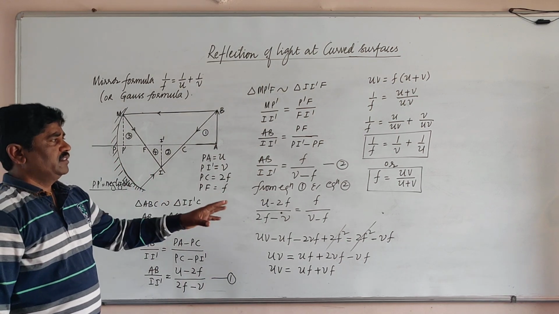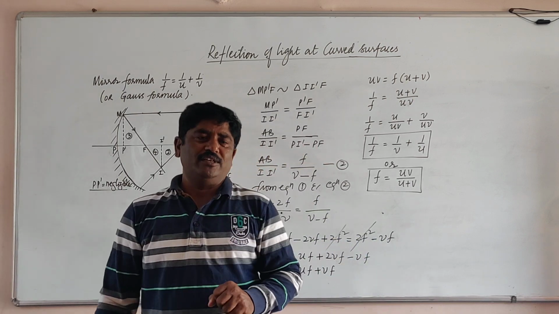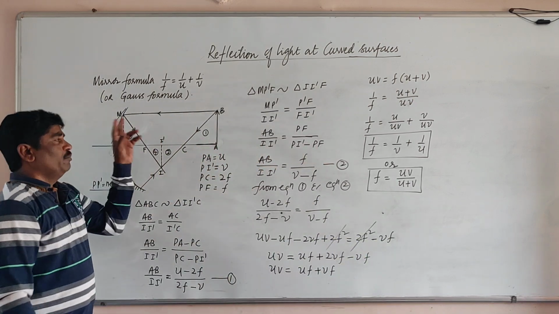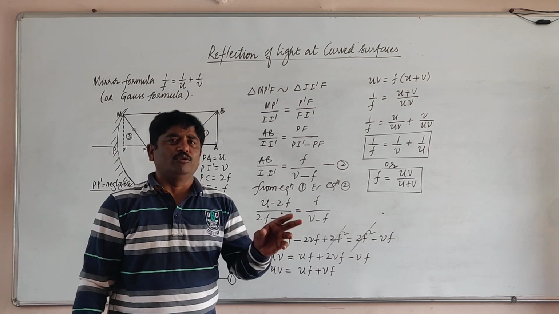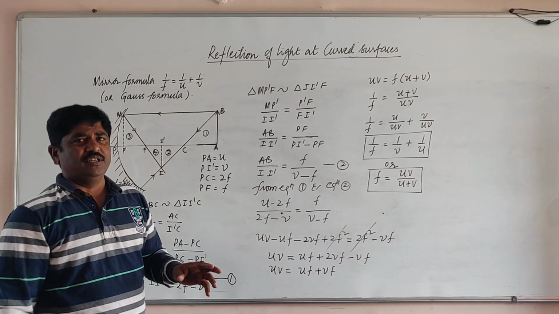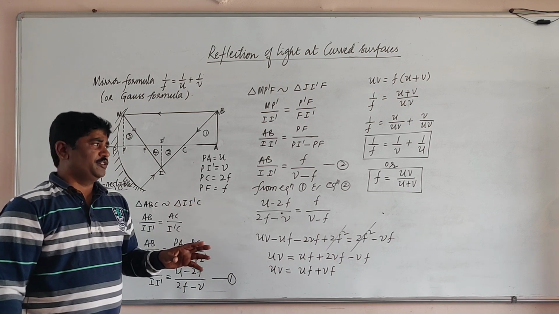This formula is known as the Gauss formula or else mirror formula. While doing the problem, definitely we have to apply the sign convention as per the position of the object and the position of the image.